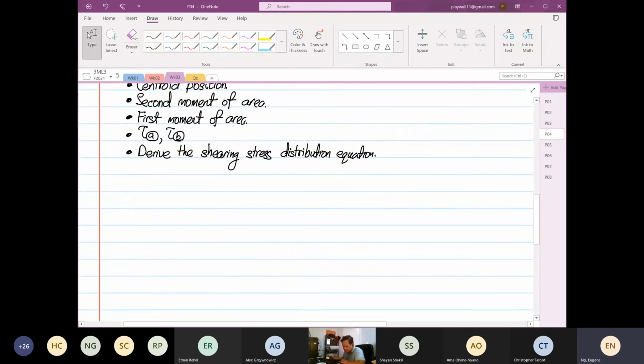Okay, so now I'm going to draw our free body diagram. So this is X, Y, rotation about Z. Okay, so we have a diagram doing this.